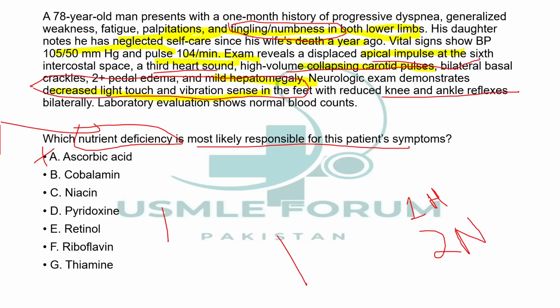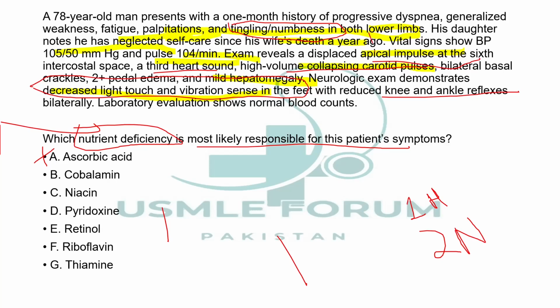He is also having heart problems, as you can see: a third heart sound, high volume collapsing carotid pulses, and an apical impulse. The third heart sound, as I have explained in previous videos, means dilated cardiomyopathy, which means more blood is coming into the heart. The high volume collapsing carotid pulse is pathognomonic for high blood flow, meaning the cardiac output is high. If the cardiac output is high, the carotid pulses will also be higher because more blood is being sent into the carotid arteries.